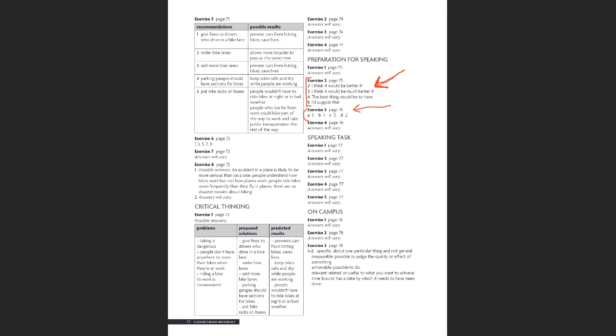So I think it would be better if people did not eat, only drank sodas and water while driving. I don't know, something like that, right? So I'm just practicing speaking and using these. And I could say, if people follow my mission, there would be fewer accidents, distracted drivers. Okay, did y'all hear me? Problem, solution, and result.